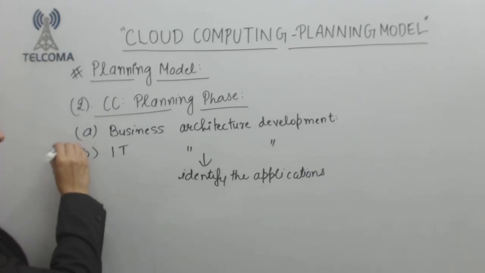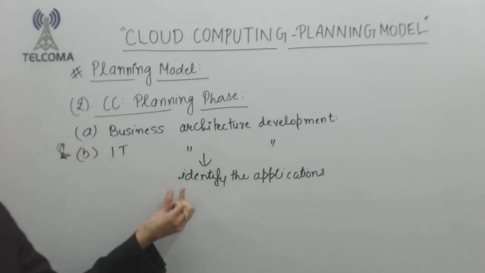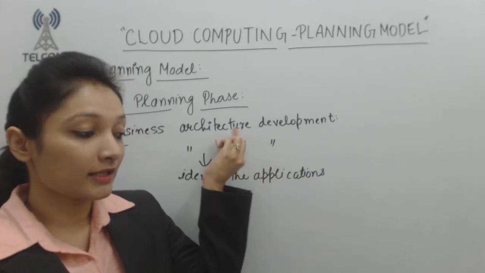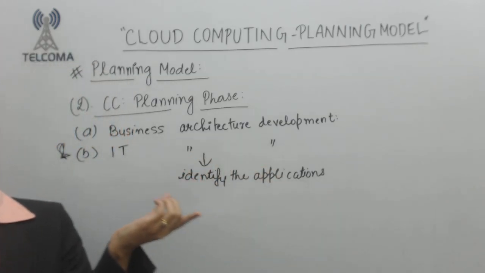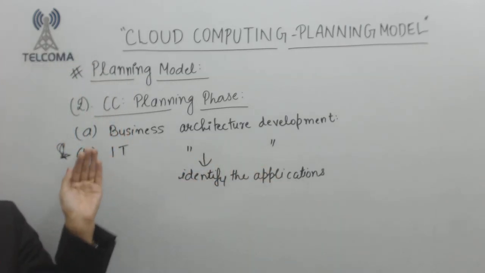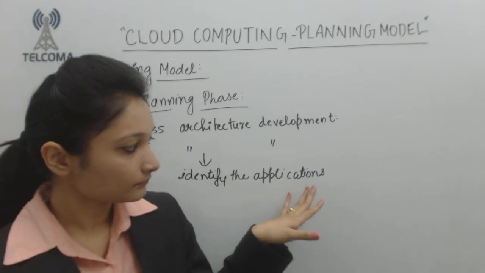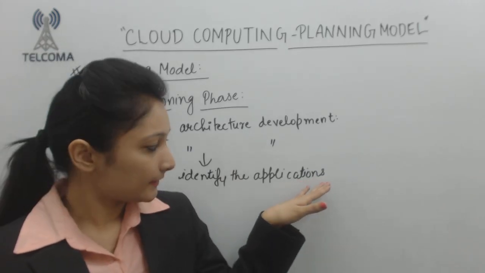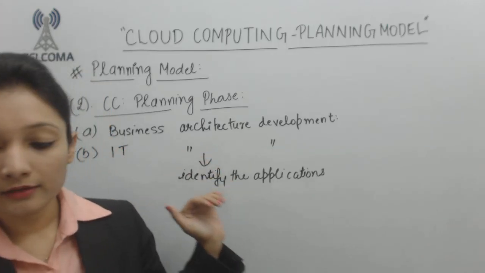This is quite an important step because you have to identify the application supporting your business, and after that you have to identify the data systems for the applications which are running here.